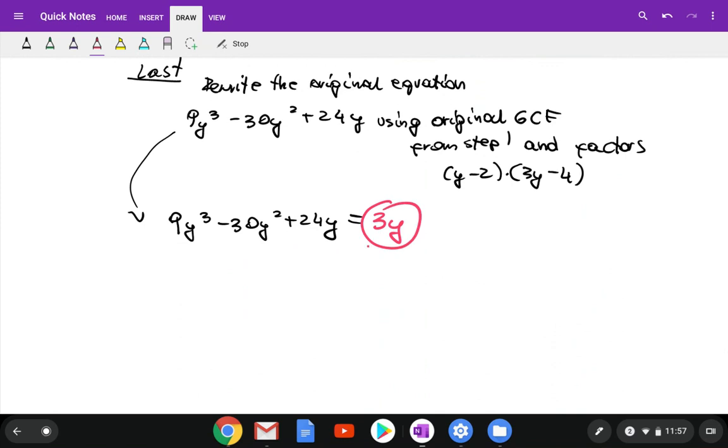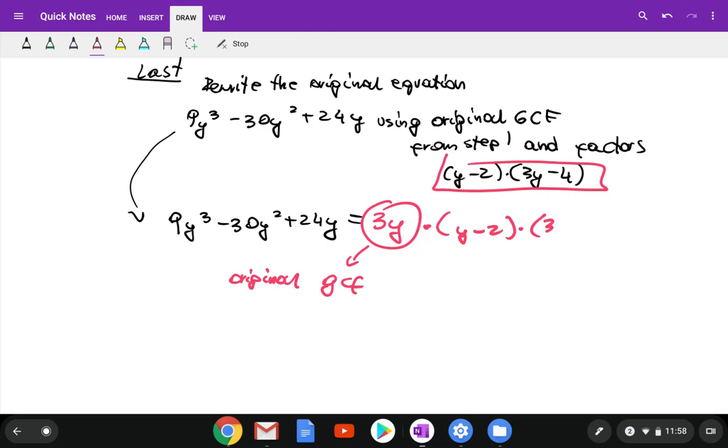You have to keep that original GCF, times y minus 2 times 3y minus 4.